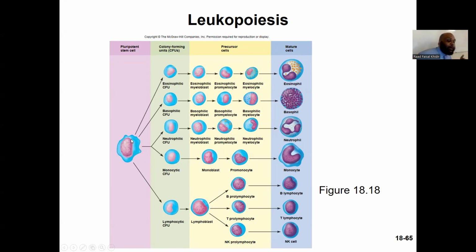So the stem cell is now gonna go into becoming an eosinophilic colony forming unit. Then it's gonna become an eosinophil. If we need a basophil, the pluripotent stem cell is gonna differentiate into a basophil. If we need a neutrophil, the pluripotent stem cell is going to differentiate into a neutrophil.